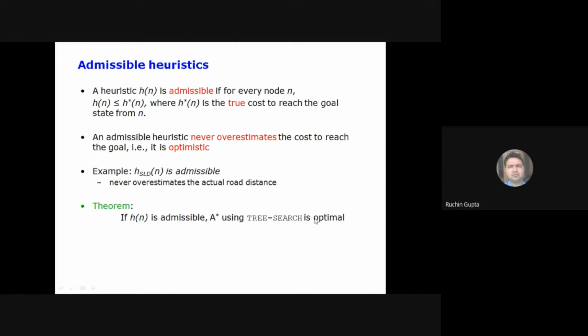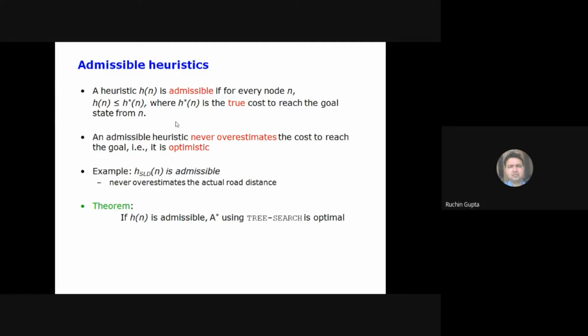Whatever heuristic we use in our A star algorithm, it has to be admissible. So what is this admissible property? A heuristic h(n) is admissible if for every node n, h(n) is less than or equal to h*(n), where h*(n) is the true cost to reach the goal node from the node n.